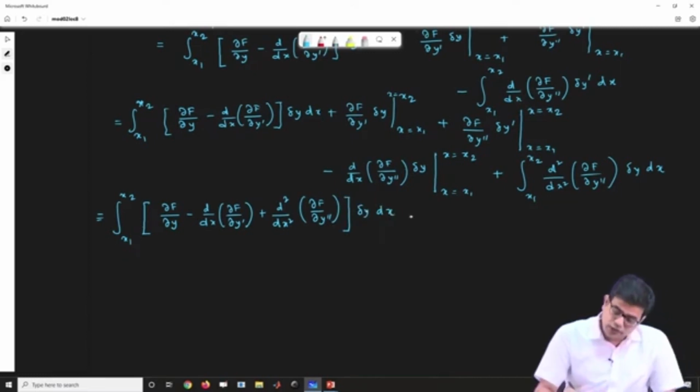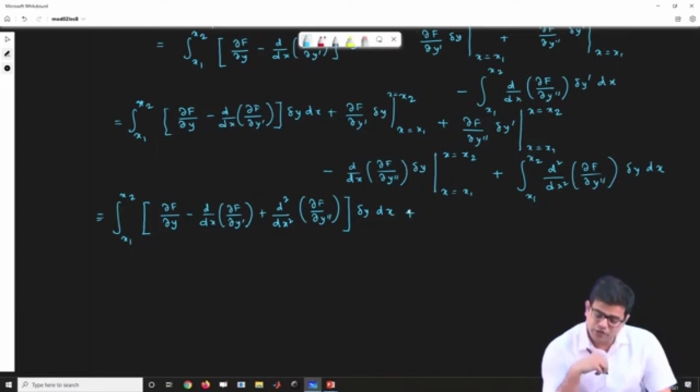So, this is actually the Euler-Lagrange equation like in the previous case.